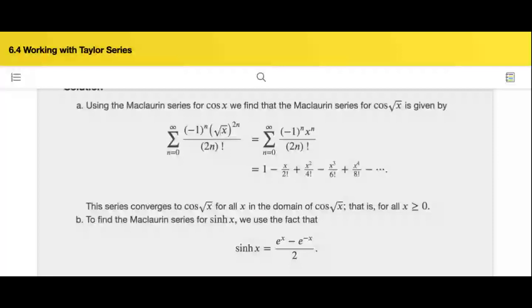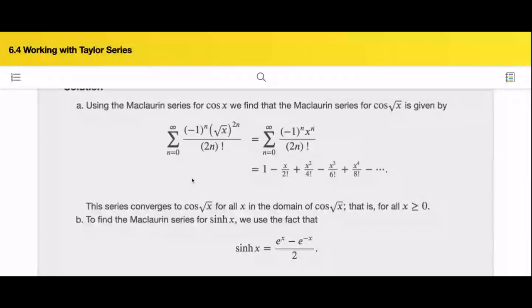So we just use the cosine x expansion, but change x to be square root of x. But because here we have square root of x raised to 2n, the 2 saves the square root of x to be x. So we don't have x raised to 2n, which is for cosine x before. Now it becomes x raised to n divided by 2n factorial.